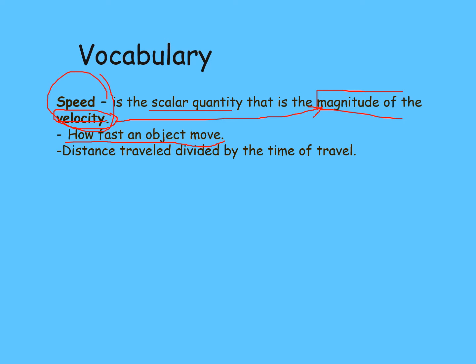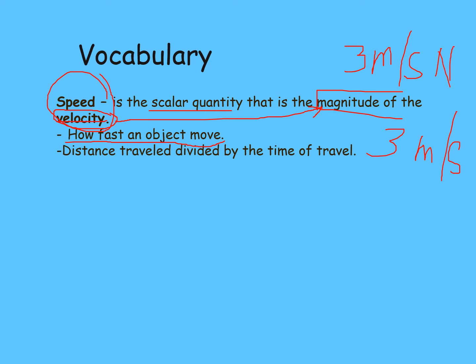An example of speed is 3 meters per second, and an example of velocity is 3 meters per second north.